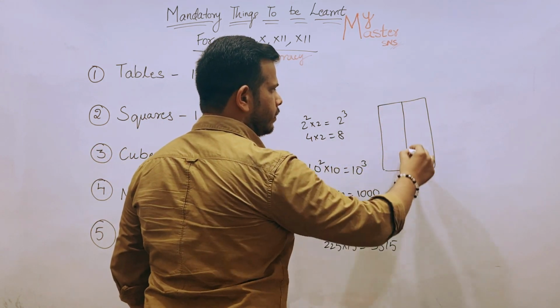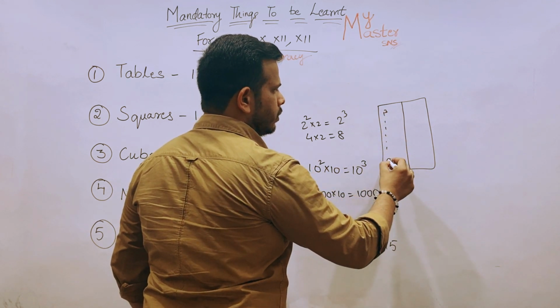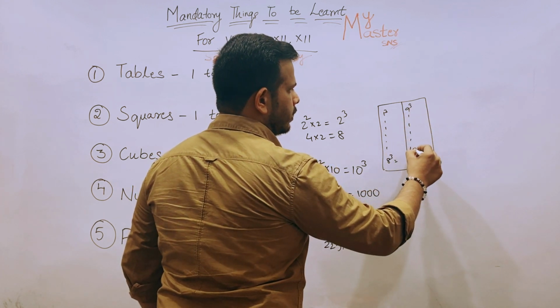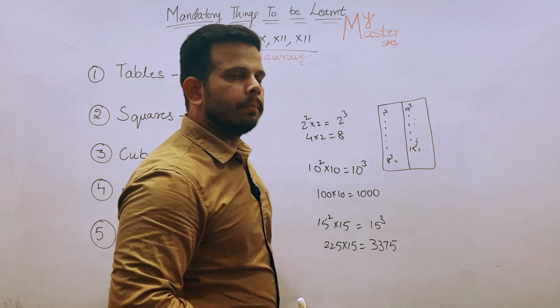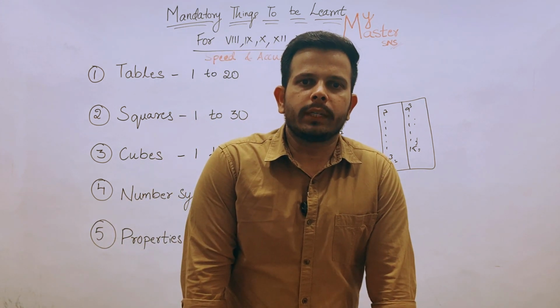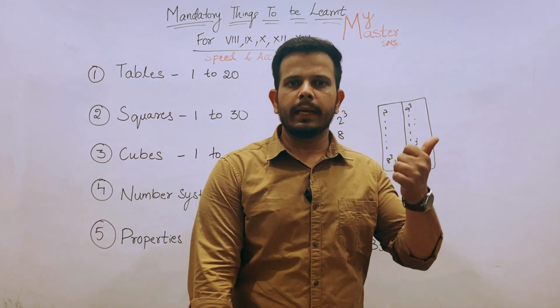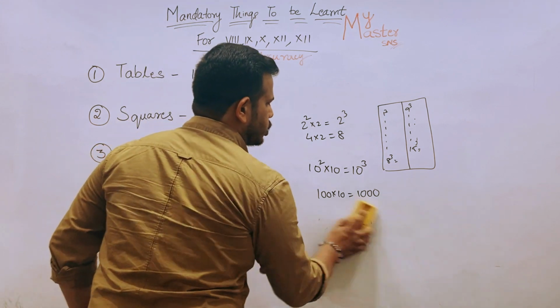Take a notepad, 1 cube, till 8 cube you write, 9 cube till 15 cube you write, learn them. Okay, master, I want a shortcut for this also. Okay, I will tell you in the cubes video.